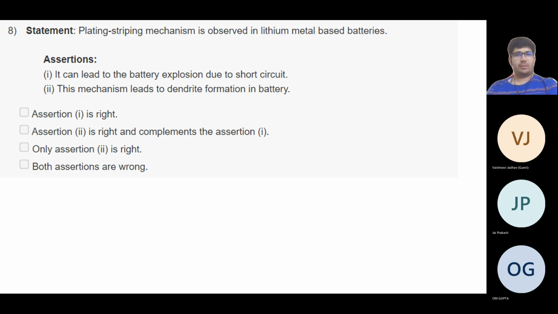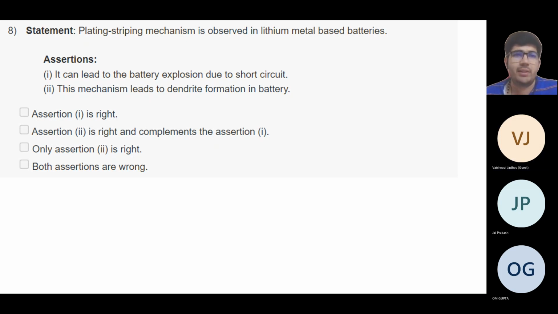Just think about dendrite formation and what the implications are if there is dendrite formation. As we know, if dendrite formation is there, then there will be a short circuit. And from basic fundamentals, if there is a short circuit, then there is a chance of battery explosion.